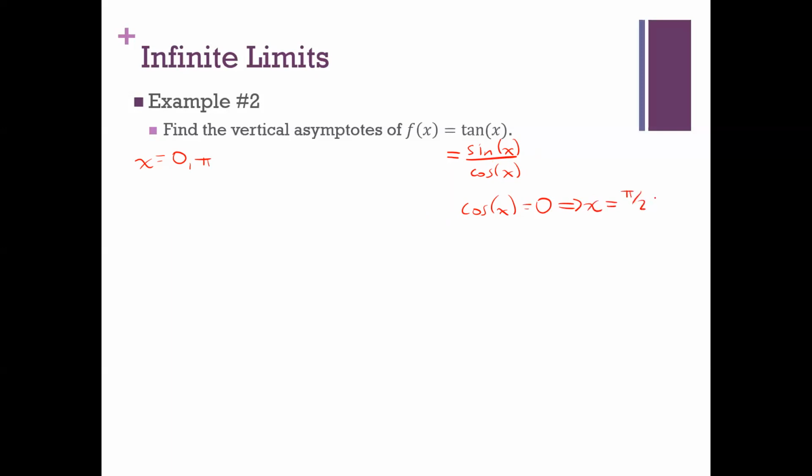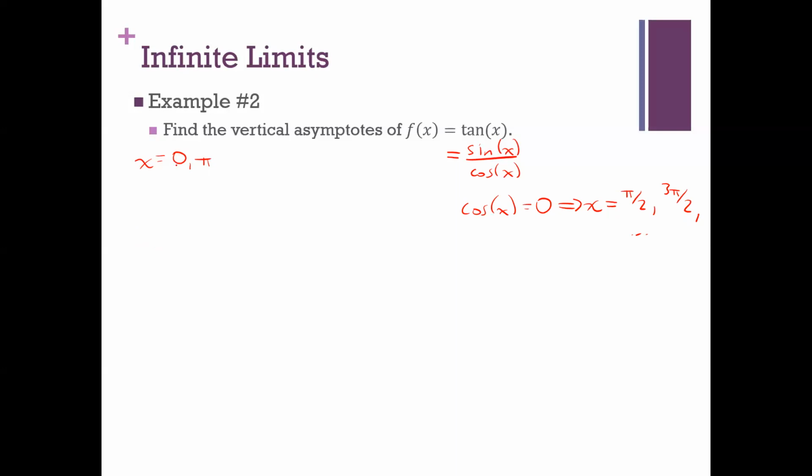No, it's fine. I would bet money that you weren't alone on that one. So x equals pi over 2, 3 pi over 2, and so on and so forth. But bottom line, how far apart are these asymptotes that show up infinitely often? Yeah, they're pi apart, right?